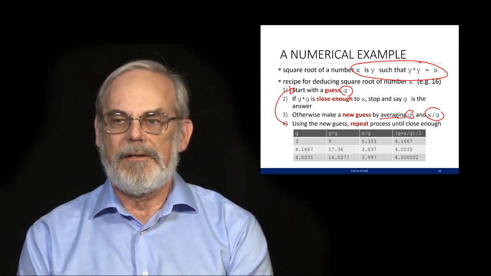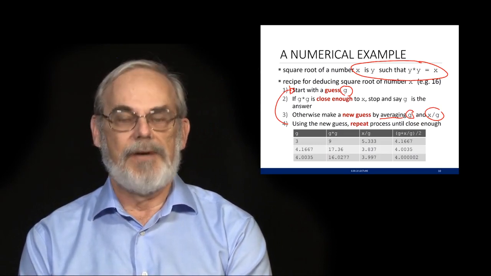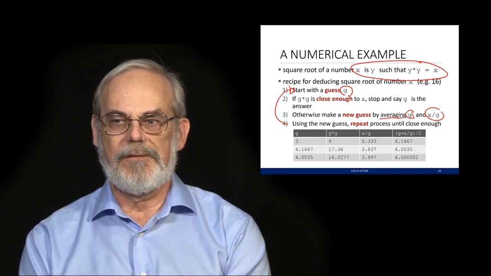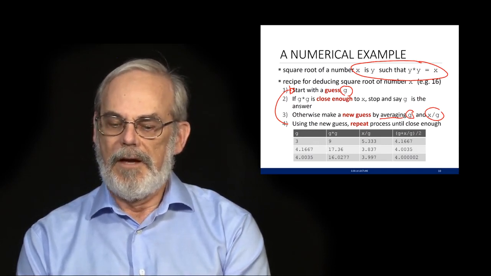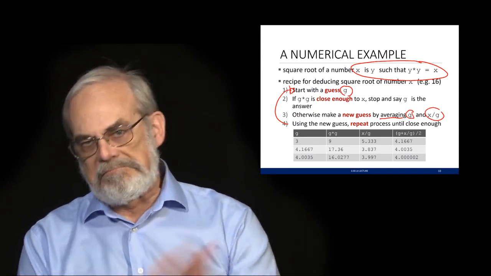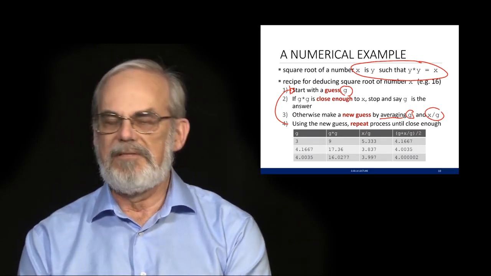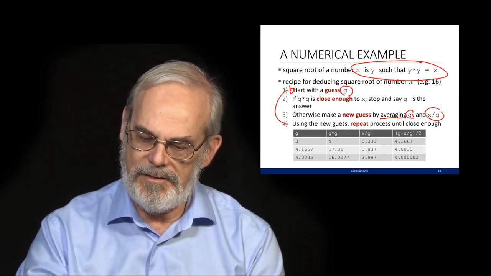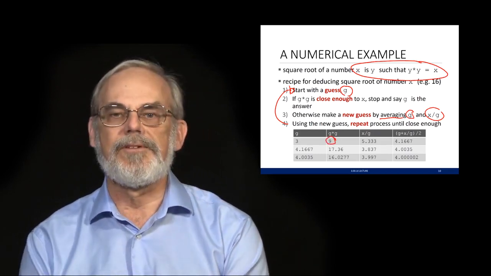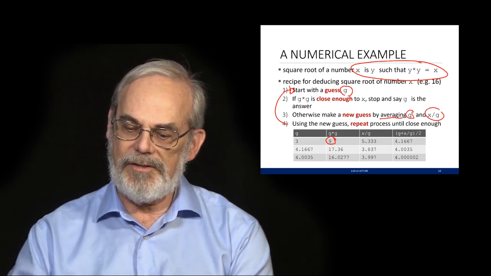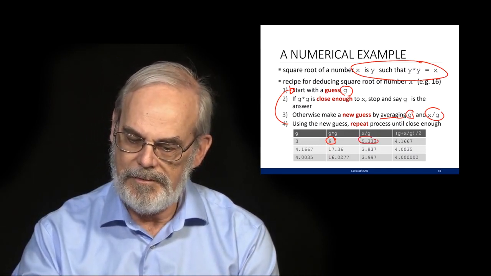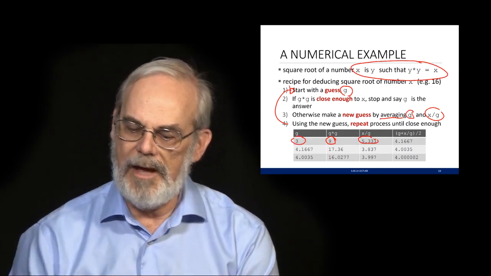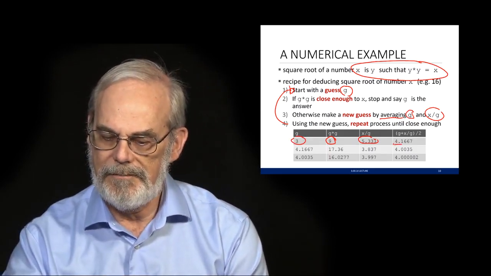That gives me a little algorithm, because it lets me start with a guess, check to see if the guess is close enough, and if not, keep going. You can see that in the little graph at the bottom. I start with not a very good guess, g is equal to 3. I square it, that's 9. 9 is not, as you can see here, very close to 16. So I'm going to take x divided by g, which is right there, and I'm going to take g, and average them together to get a better guess, right there.